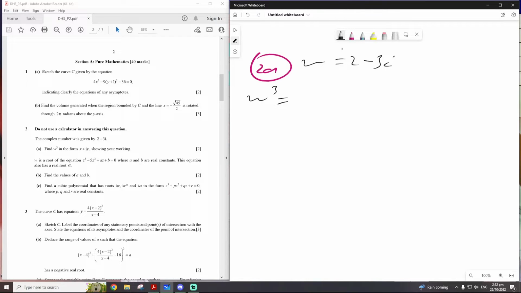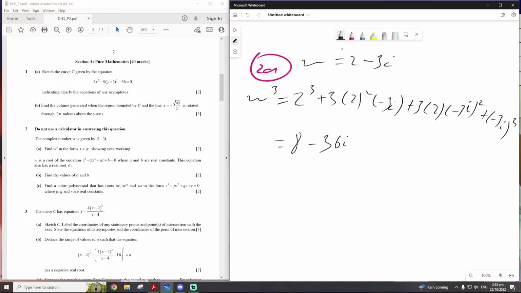W cubed, you use the binomial theorem, so you get 2 cubed plus 3 2 squared minus 3i plus 3 2 minus 3i squared, and then plus minus 3i cubed. Okay, which is 8 minus 36i.